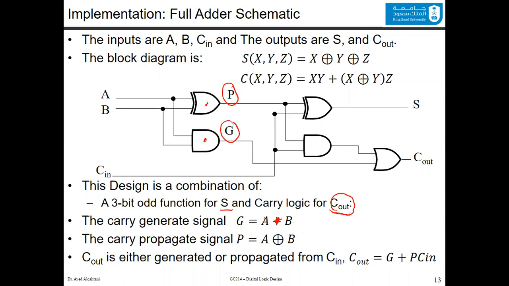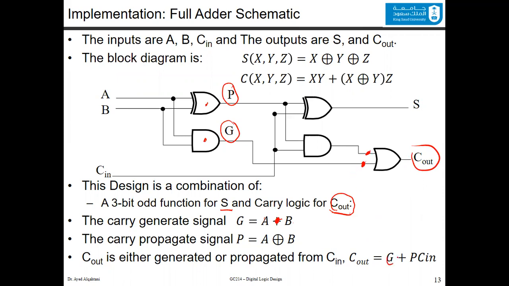The carry out is either generated or propagated from the carry in, and this is the idea behind the carry look ahead adder that we will see in the future. Now the carry out has 2 possible ways.